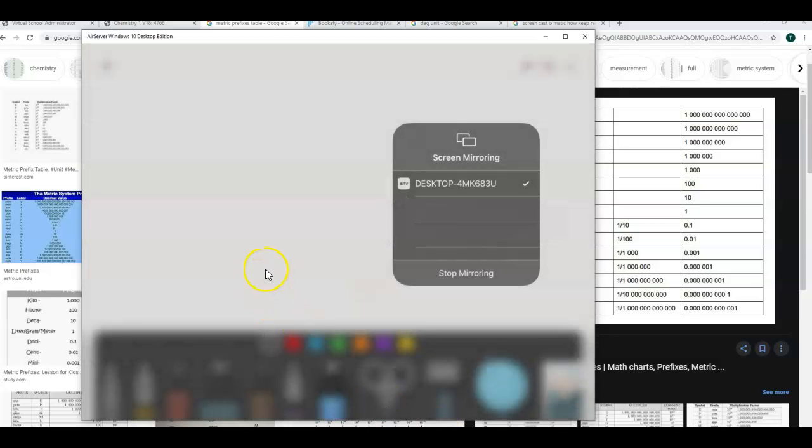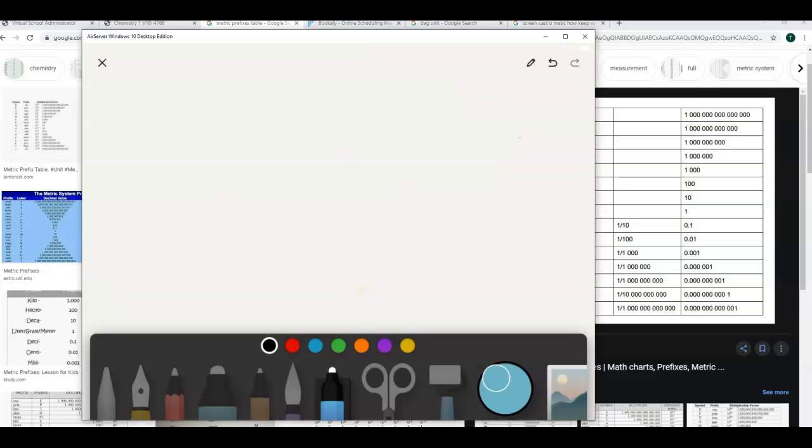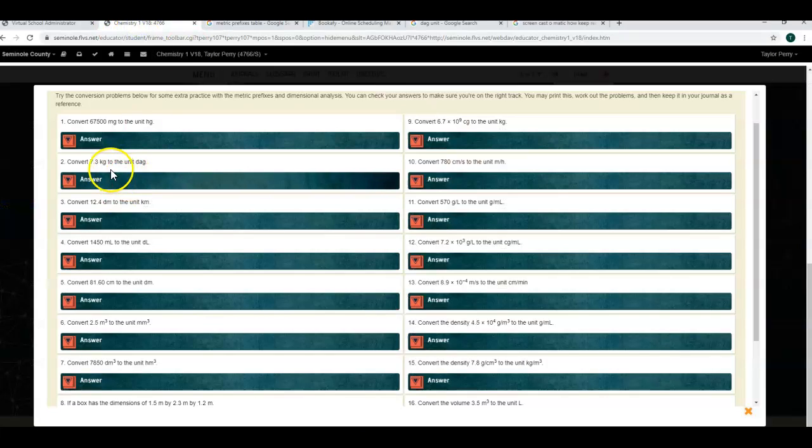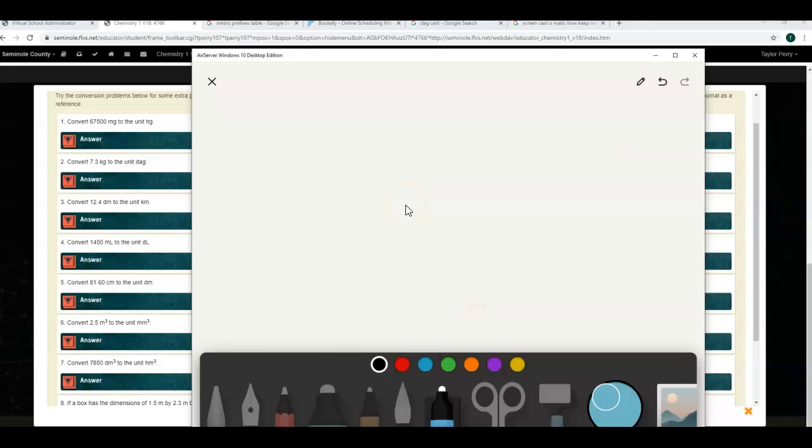Okay. So, again, the question is saying, what do we have here? We have 7.3 kilograms. I know I have to convert them into decagrams, right?